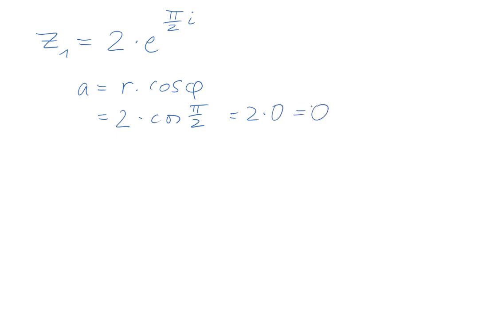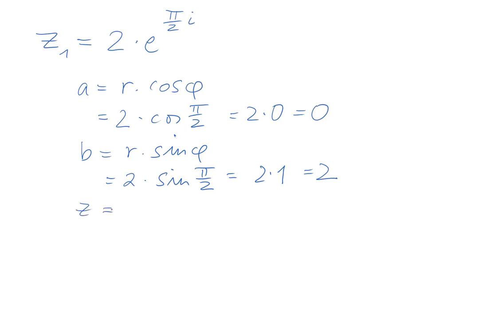So A is 0 and B is r times sine of phi, which is 2 times sine of pi half, and sine of 90 degrees is 1, so this is 2. So the number z is 0 plus 2 times i, or in short 2 times i.